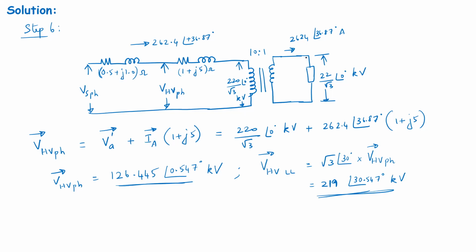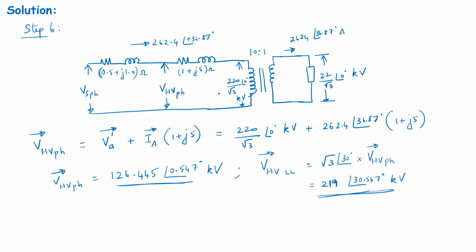See, we started with the assumption that when we have a series impedance in the transformer, the high voltage side should be greater than 220 kV, because ideally speaking, if there were no series impedance of 1 plus j5, whenever 22 kV appeared across the line to line of the transformer, which means the phase voltage is 22 divided by root 3, the phase voltage across the transformer primary would have been 220 kV divided by root 3.